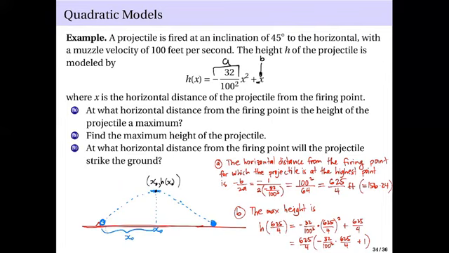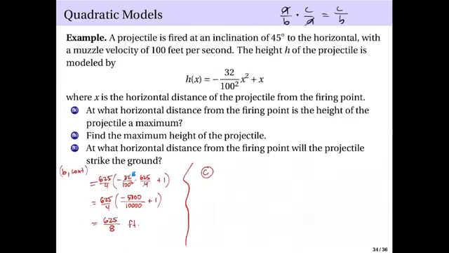So this guy here from this point to this point. Let me just write this as x sub f, the final distance. And what do we mean by that? The height is equal to 0 because it's on the ground. So we need to find x for which h of x equals 0.